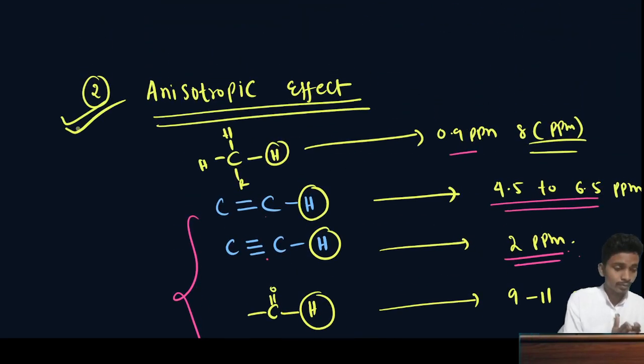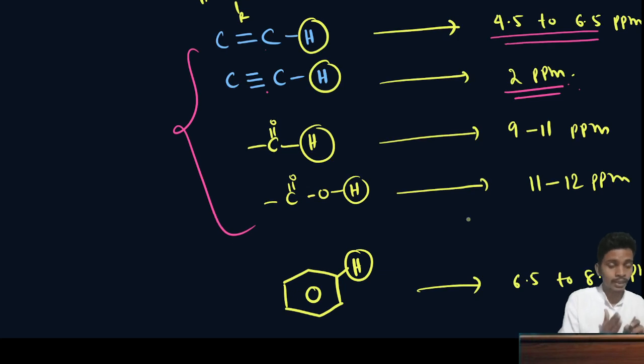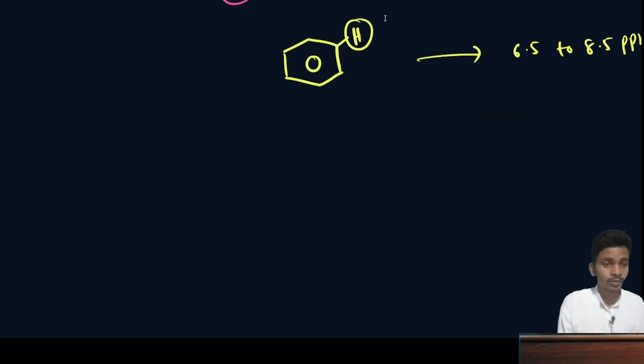So the high chemical shift value for these protons is because of the anisotropic effect. Okay, so we want to look at how this anisotropic effect makes the chemical shift value of these protons very high.